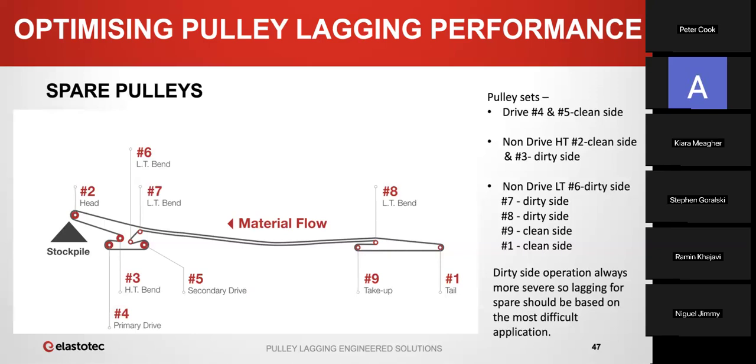So our recommendation is that when you're looking at a spare pulley, look at the worst location that it might have to go, and then select the lagging that would give you the optimum performance in that worst location. That way, if the pulley has to go into one of the other locations, it's going to perform really well. And if it has to go into the most difficult location, it should still perform as well as could be expected.